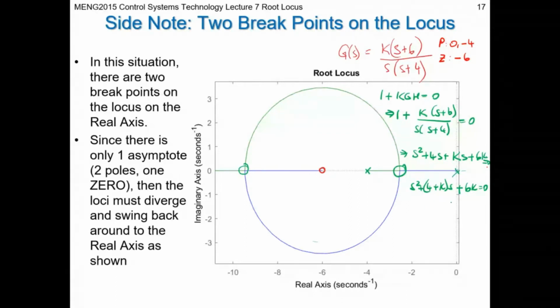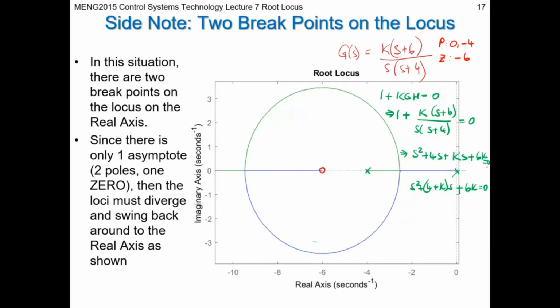But if we solve this, just cutting a long story short, if we find the roots of this equation and set dk by ds equals 0, then you're going to get two values that are on the real axis. But when we get two values that both lie on the real axis, we know one is a departure value and one is a convergence value.